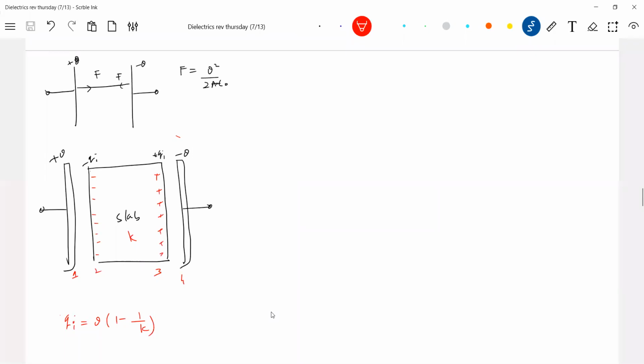Now the force acting on the charge present. I'll directly go for it, let me write only F1 like this. What is the charge present there? Q. How will the field be produced, in what direction? This will produce field like this, and this will produce field in this direction.